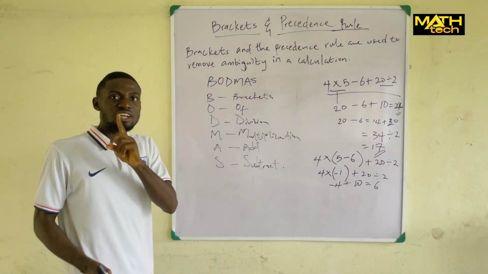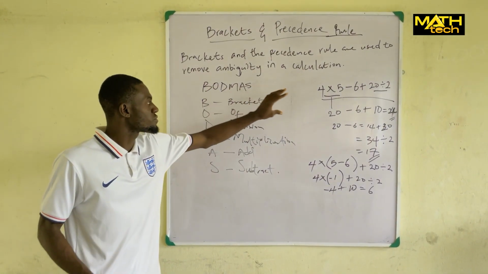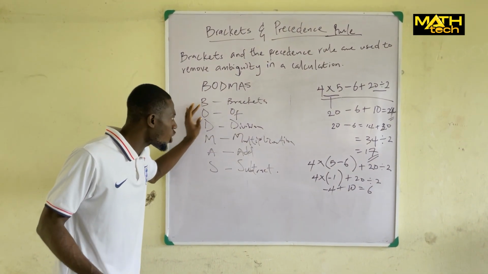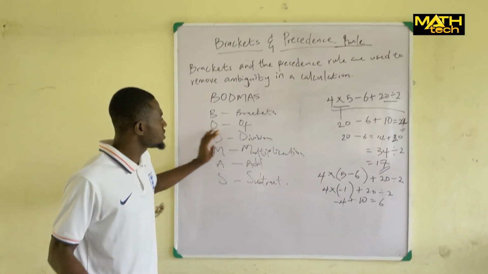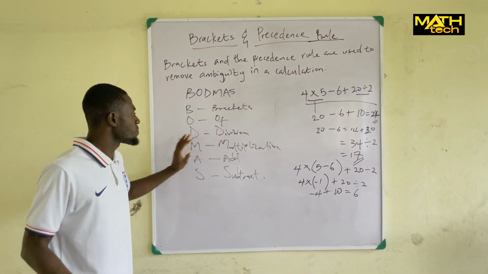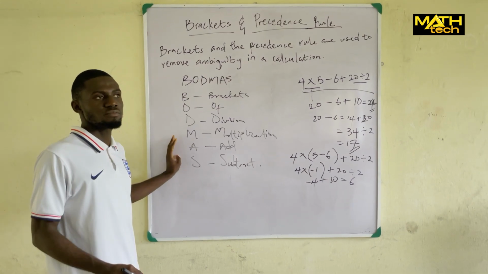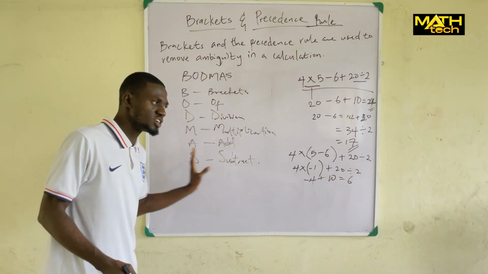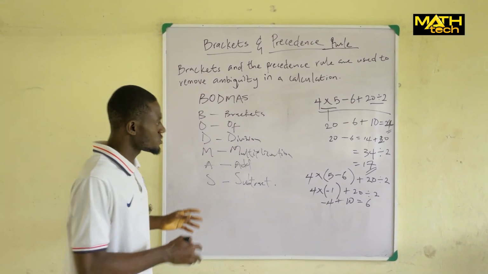Don't forget, in every calculation, the brackets precede, the of follows, the division follows, the multiplication follows, then the addition and the subtraction. So this is by hierarchy.